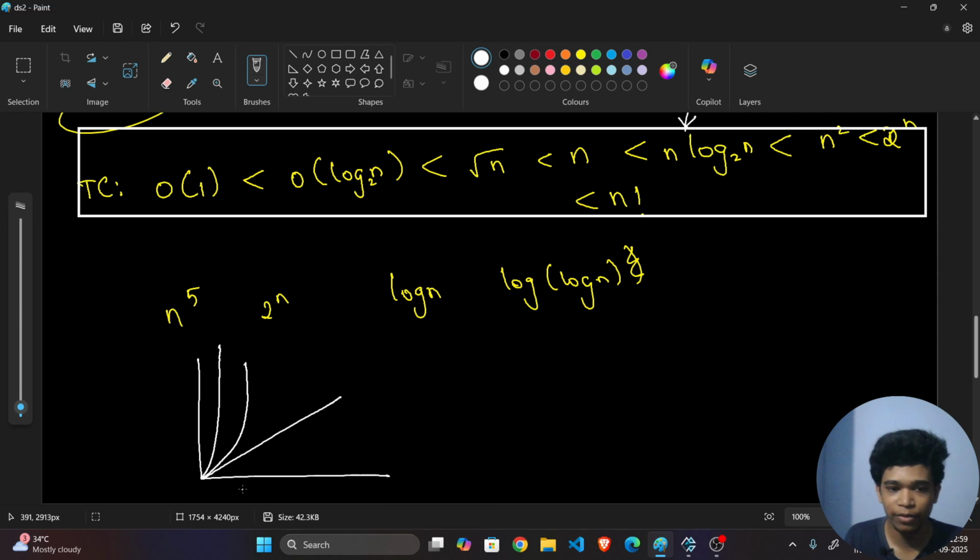The graph with respect to time complexity, with respect to inputs. So here comes input, and here comes time complexity. Okay, so just see this graph in Google so that you can understand how this entire thing will be graphed in a 2D graphical representation.